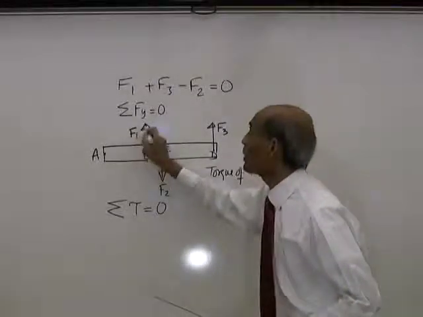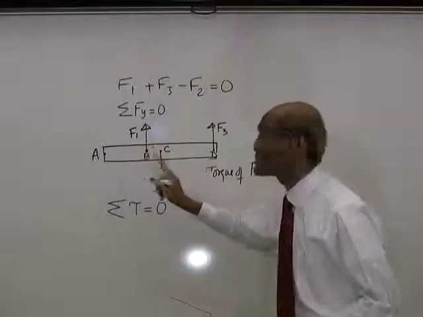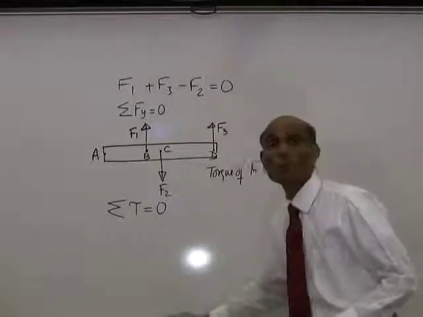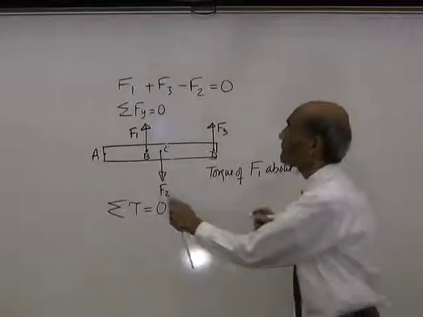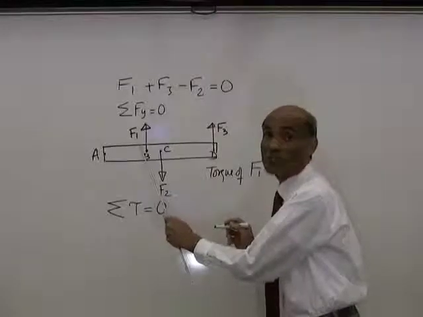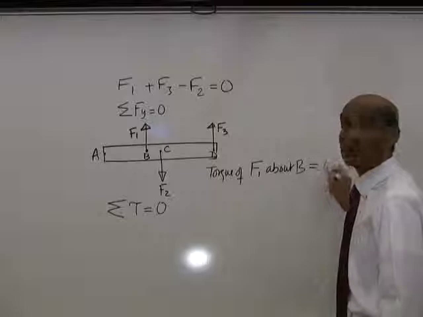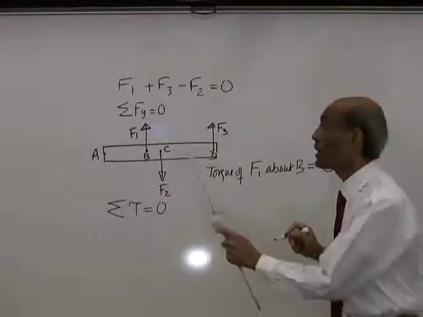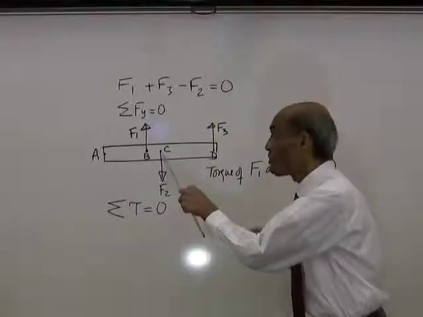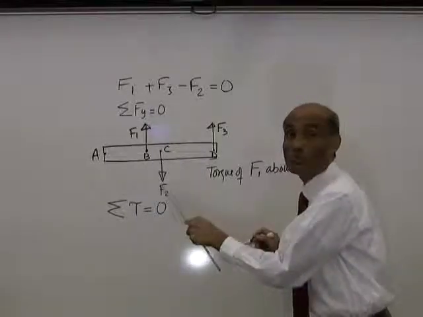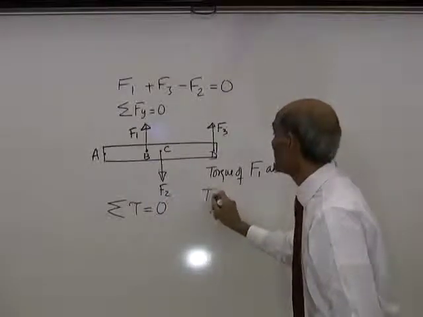Let's take it about B. What is the torque of F1 about an axis that passes through B? That torque will be 0. Why? Because the torque arm is 0. Alright, what is the torque of F2 about an axis that passes through B?